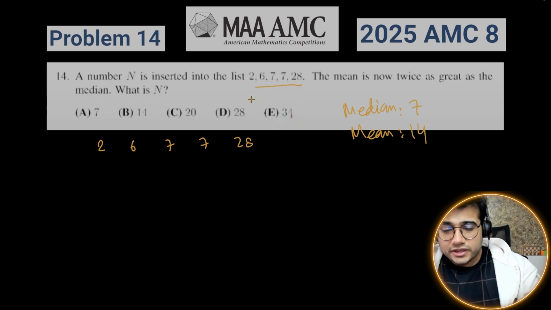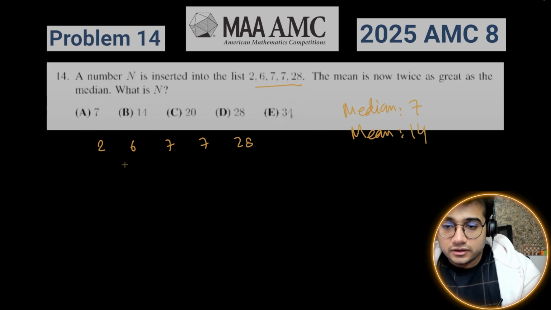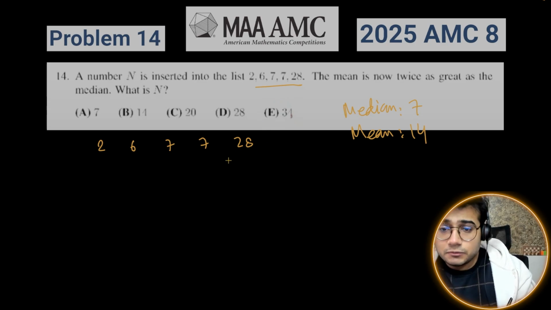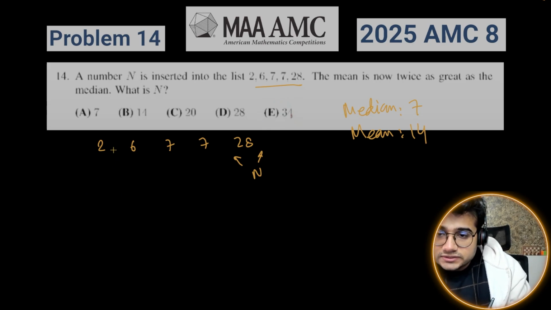So actually we don't have to plug in every single answer choice here. We know that the sum of these numbers plus n, wherever the n is, divided by 1, 2, 3, 4, 5, 6 should be 14. So let's make an equation and solve it. So 2 plus 6 plus 7 plus 7 plus 28 plus n.